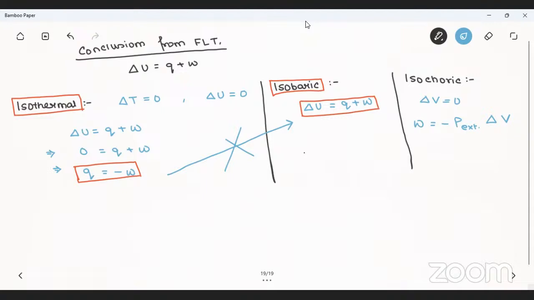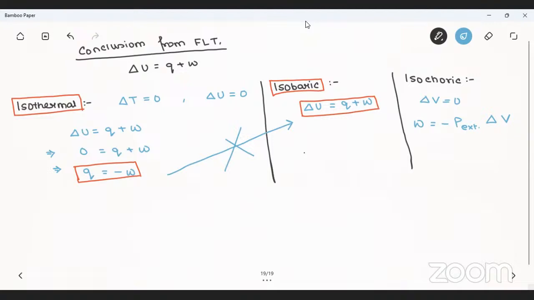See, why is Q coming to be minus W? Because these are the two conditions for isothermal process. In isobaric process, for delta U, Q, W, anything is not equal to something, so you can't write that. Again, in isochoric process, delta V is equal to 0, right?